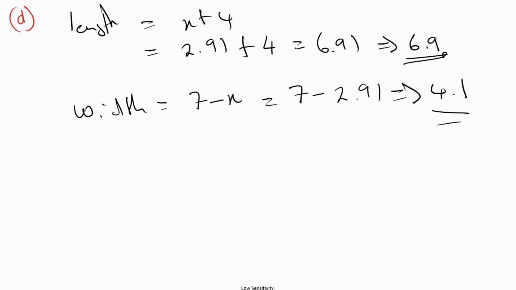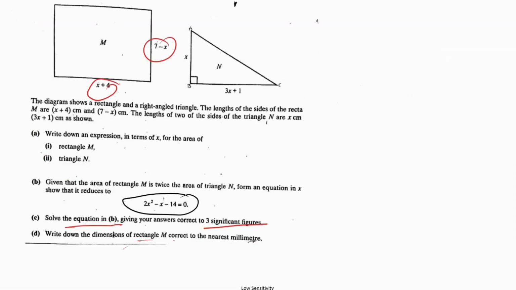Right. So we have solved this question to the fullest extent. We started by writing the expressions. So we solved for these two. We solved for this equation. We corrected to three significant figures, and then also solved to the nearest millimeter.